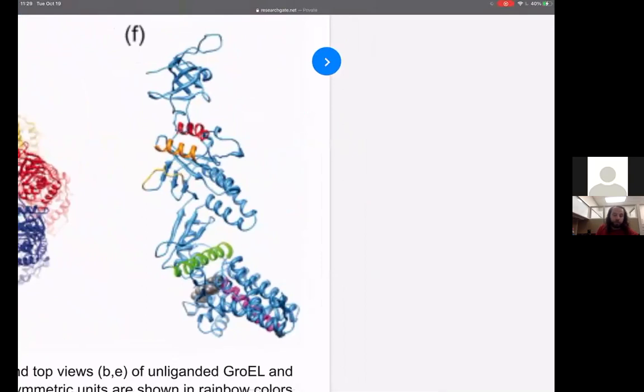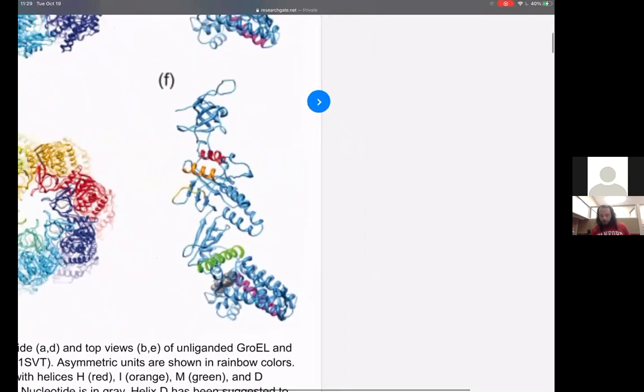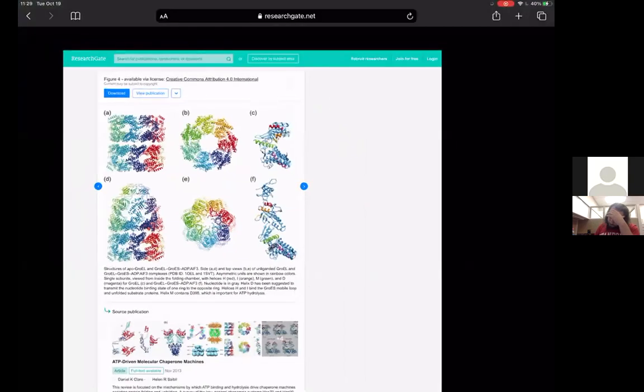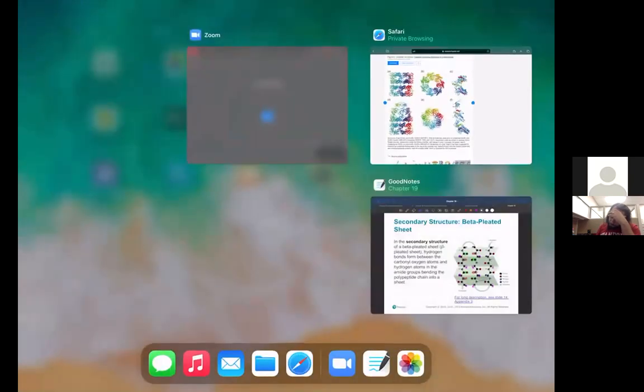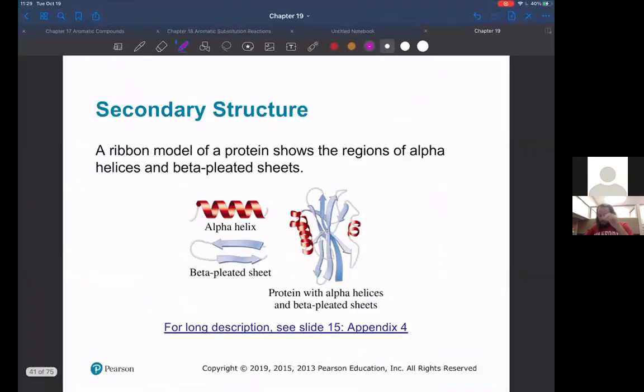This particular protein has a lot more alpha helices than beta sheets, but we can see a few, for example, those arrows. This is what would be called a ribbon model of a protein. And that ribbon model is used specifically to show these different secondary structural features, right?